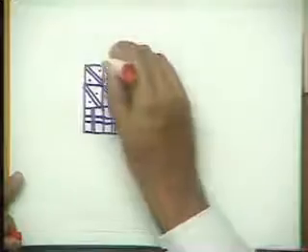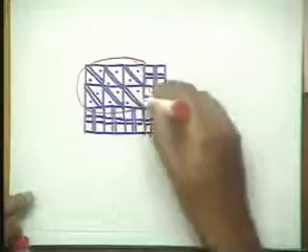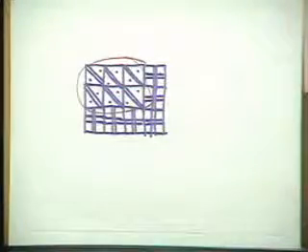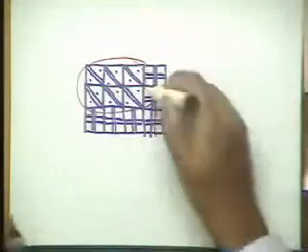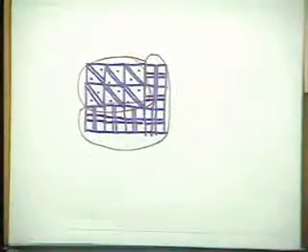Very clearly, by observing this image, I can see that there is a definite region here, and there is yet another region which exists over here. There are two distinct regions which are very clearly available.